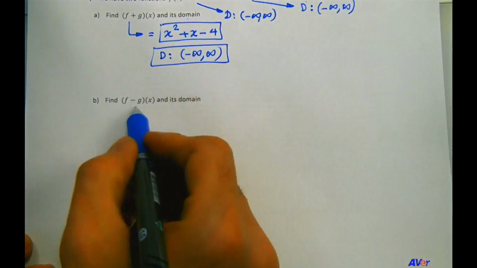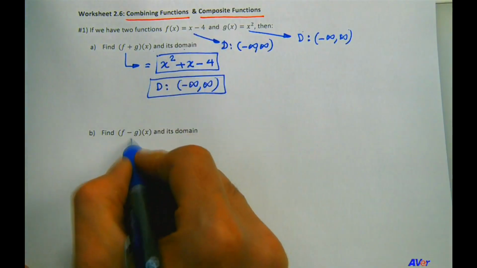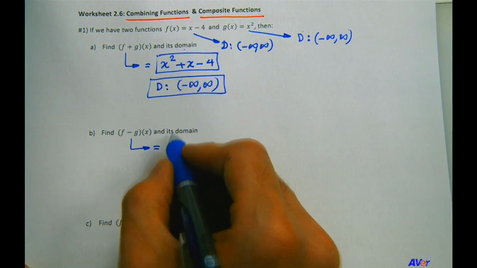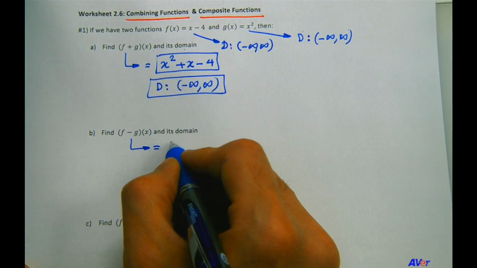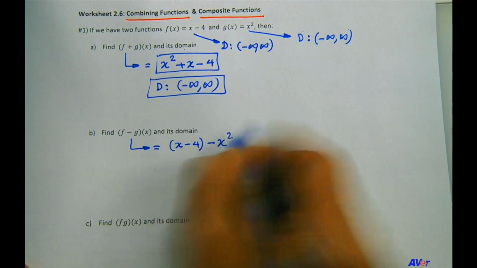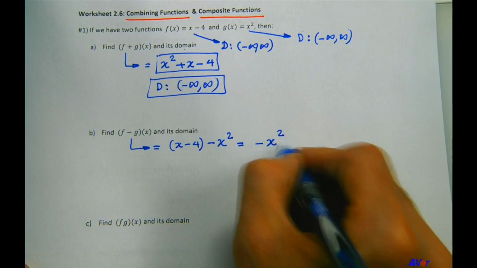Part B, we're subtracting those two functions. You can still see them on the screen. So that is equal to x minus 4 minus x squared, which is equal to minus x squared plus x minus 4.